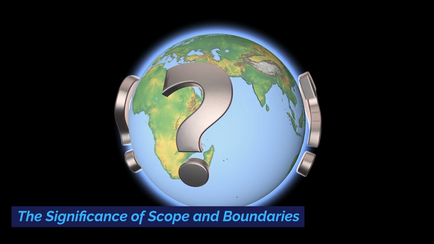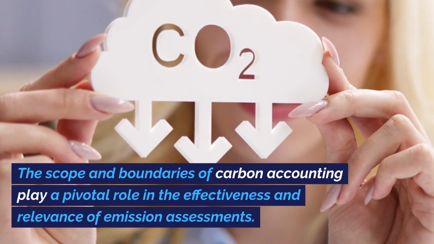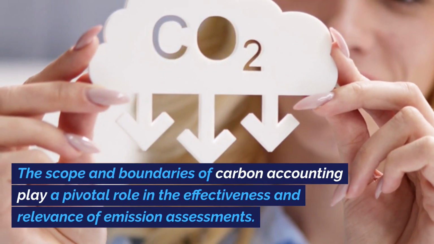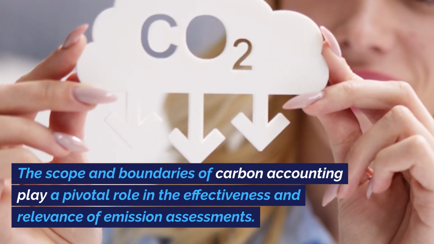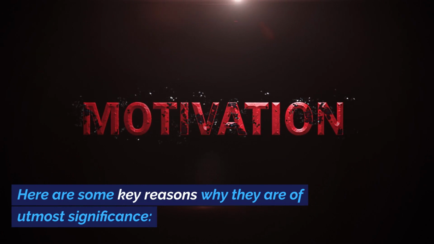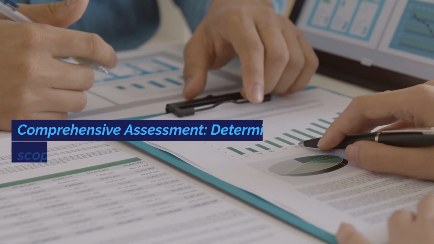The significance of scope and boundaries. The scope and boundaries of carbon accounting play a pivotal role in the effectiveness and relevance of emission assessments. Here are some key reasons why they are of utmost significance.